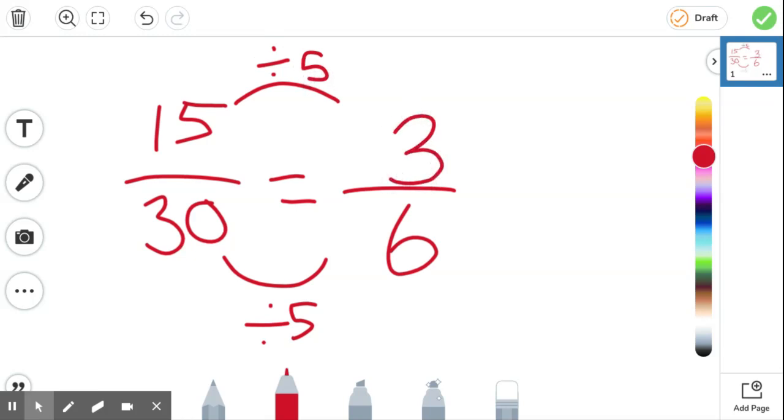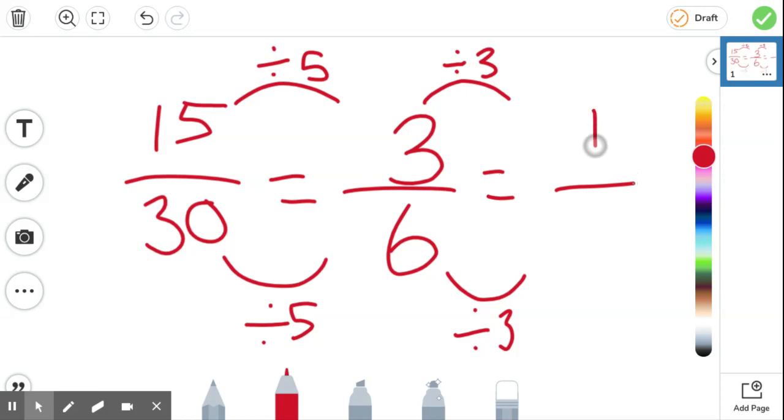So 15 out of 30 simplifies to 3 sixths, 3 out of 6. But again, you should notice that we could divide that again. We can divide by 3 because they're both multiples of 3. So let's divide the top and the bottom by 3. 3 divided by 3 is 1, and 6 divided by 3 is 2. So again, we've got down to a half.